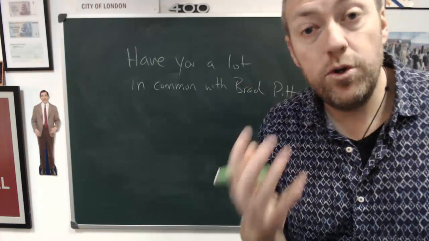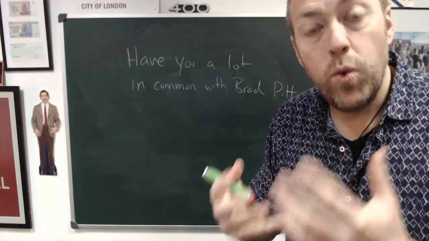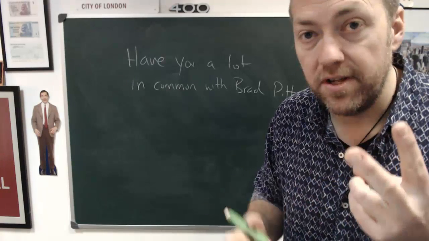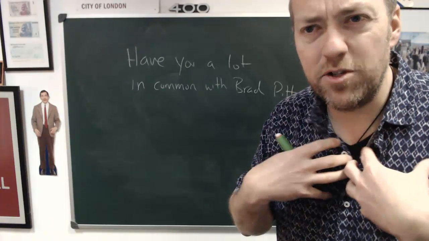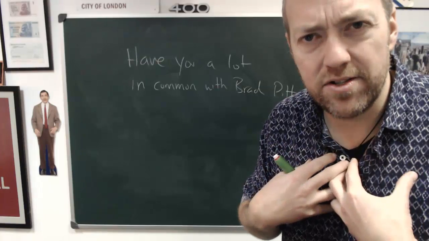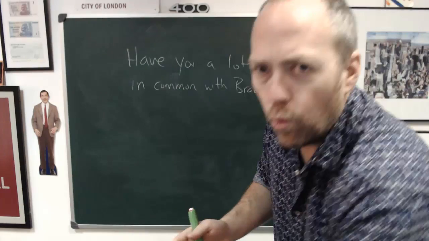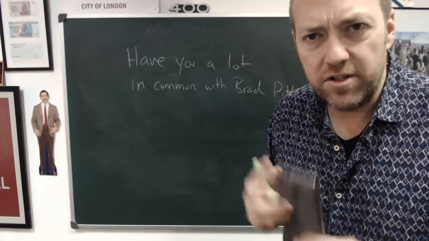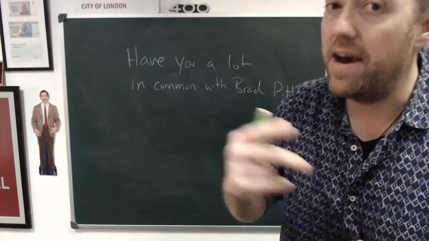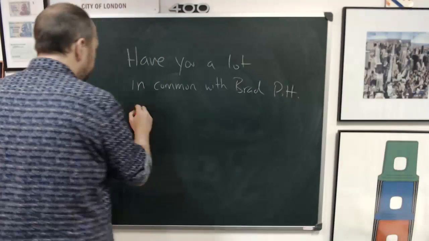Okay, so you know that in English we have two verbs to own an object. Two verbs when a possession, when a thing is yours. Two verbs, okay? So have and have got.